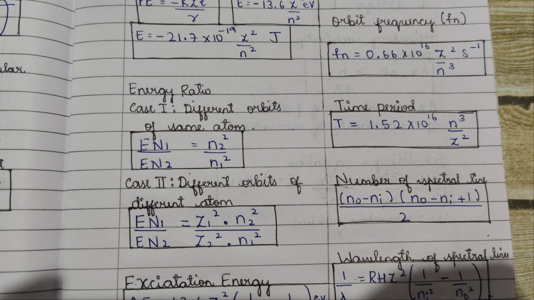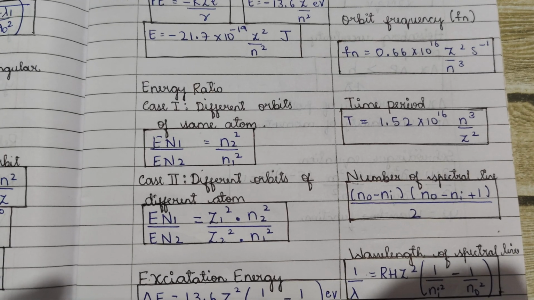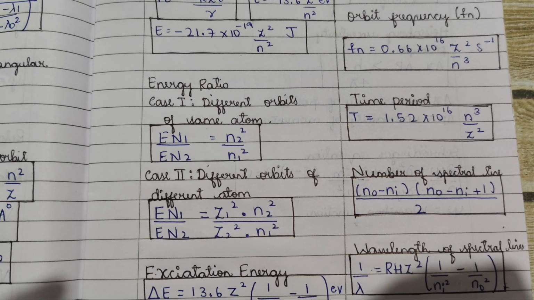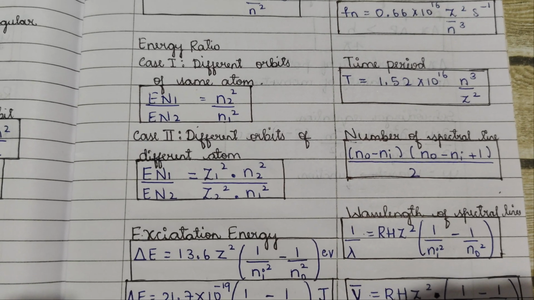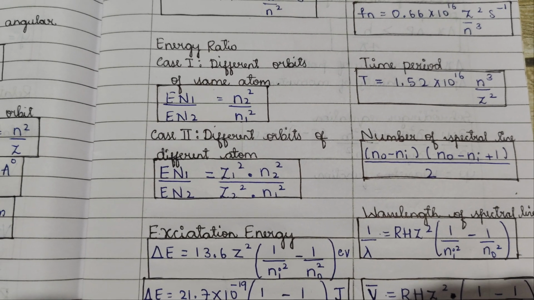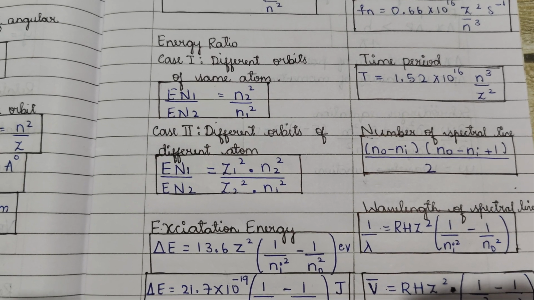Orbit frequency fn is equal to 0.66 into 10 power 16 z square by n cube per second. Time period T is equal to 1.52 into 10 power minus 16 n cube divided by z square.